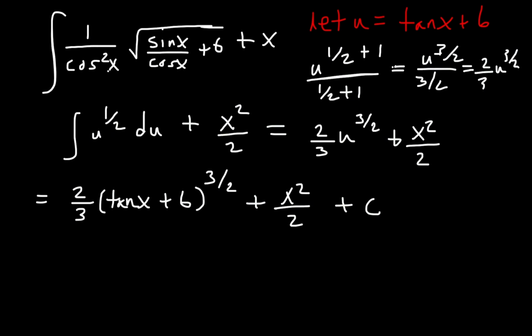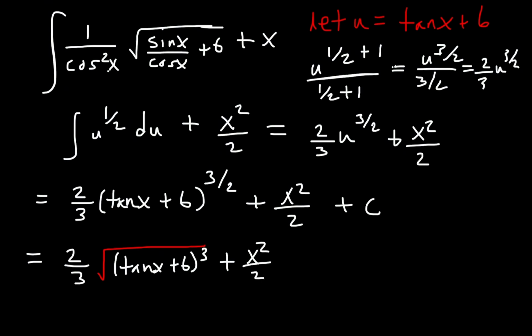And for those who want the answer in radical form, it will be just 2/3 times the square root of tangent x plus 6, raised to the power of 3, plus x squared over 2, plus the constant of integration.